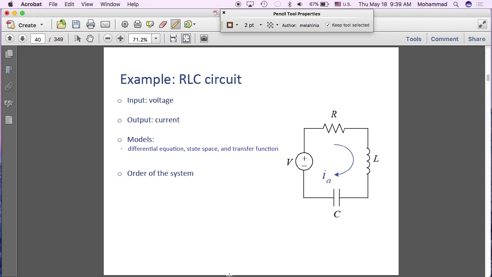This system is made of a source of voltage, a resistance, an inductance, and a capacitance.